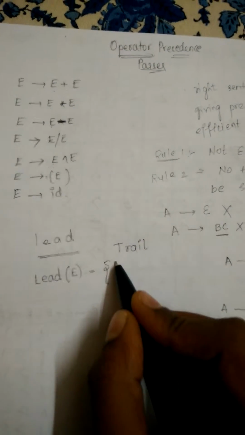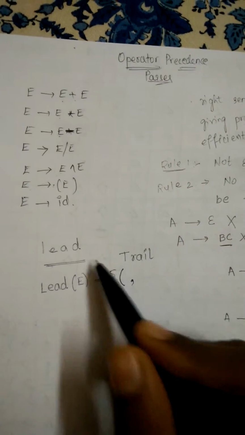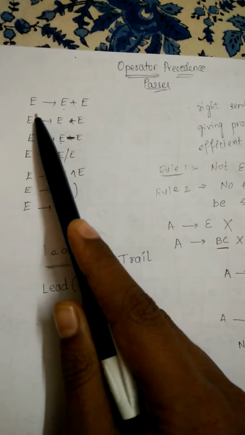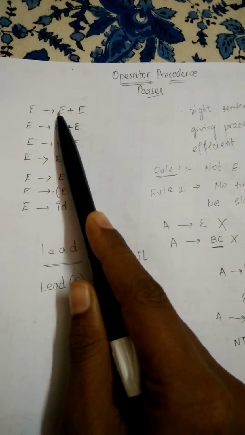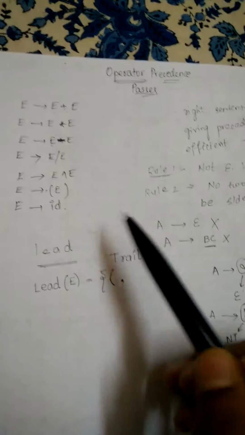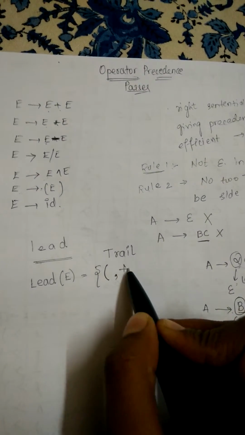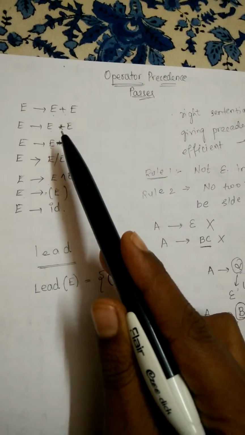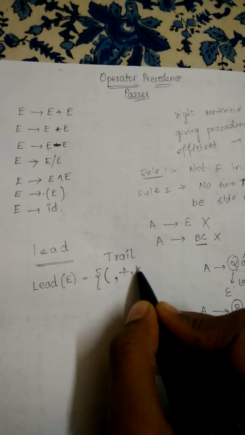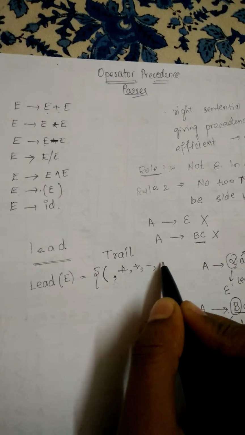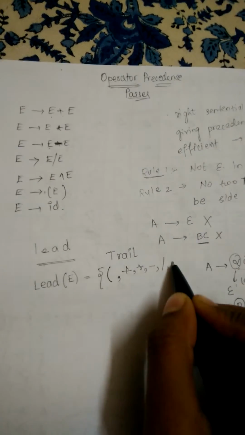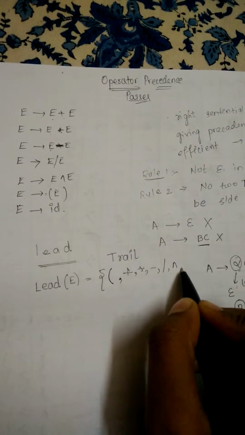So it contains open bracket. Now lead of E is open bracket, so substitute over here, and the next element will be plus, so this plus is also included. And here star is included, minus, divided, exponential and id.